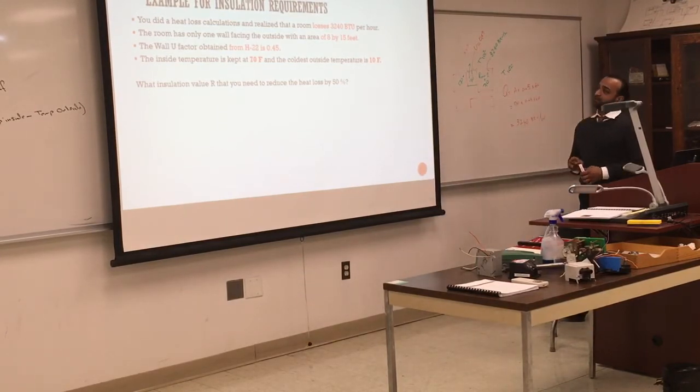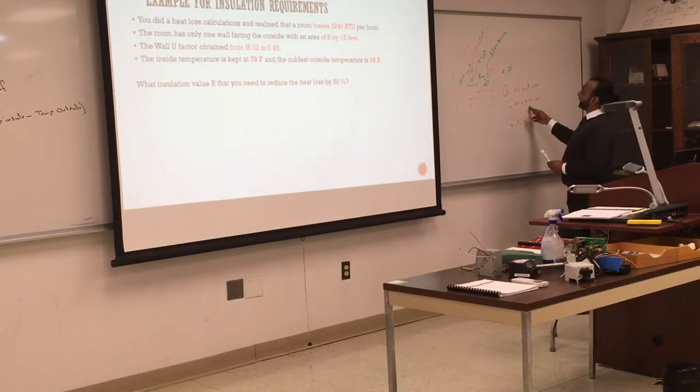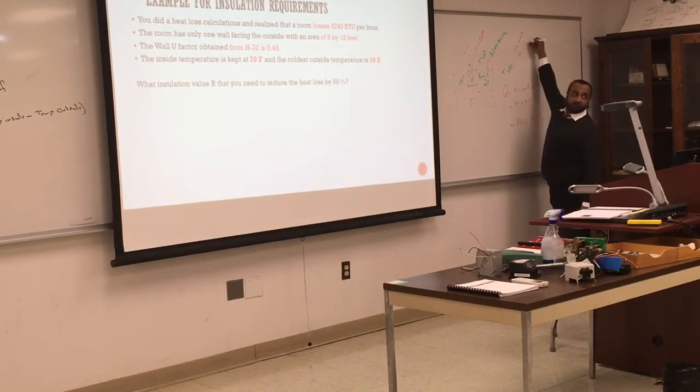And what is the resistance that I need to reduce that heat load by half? So first thing I can do is if I have the U factor, U equal 0.45. What is R? Alec?